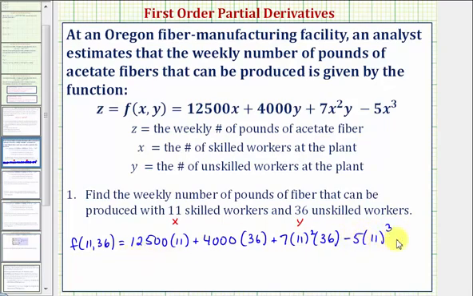To save some time, I've already evaluated this. It comes out to 305,337. And this would be the number of weekly pounds, given the plant has 11 skilled workers and 36 unskilled workers.